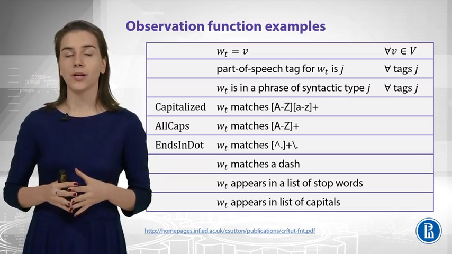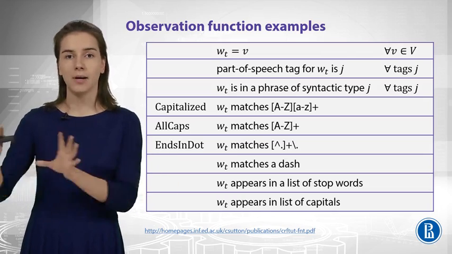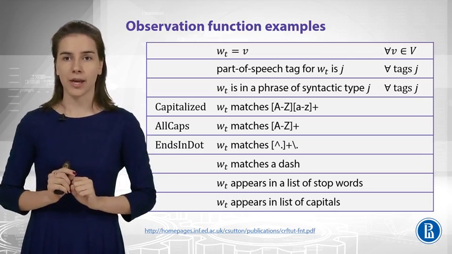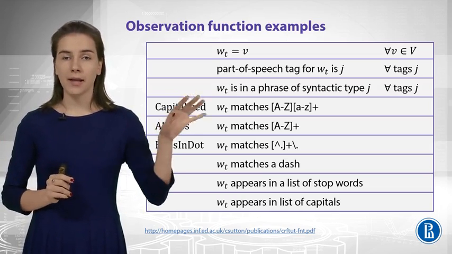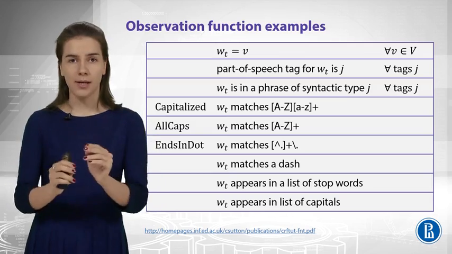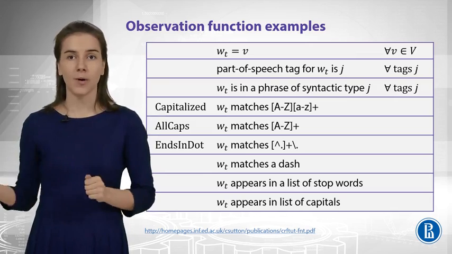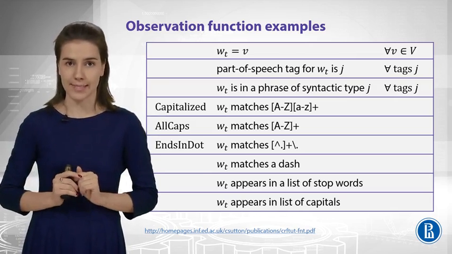Then you may want to check the part-of-speech tag for the current word defined by some extrinsic part-of-speech tagger. And you will again have many binary features that tell you whether your tag is equal to noun or whether it is equal to verb, and so on for all possible tags.